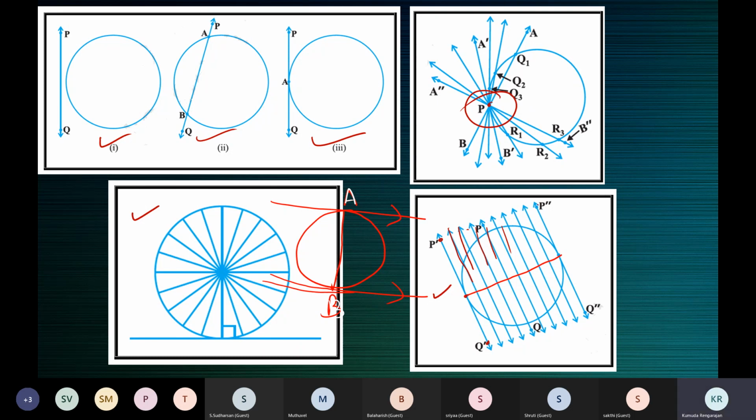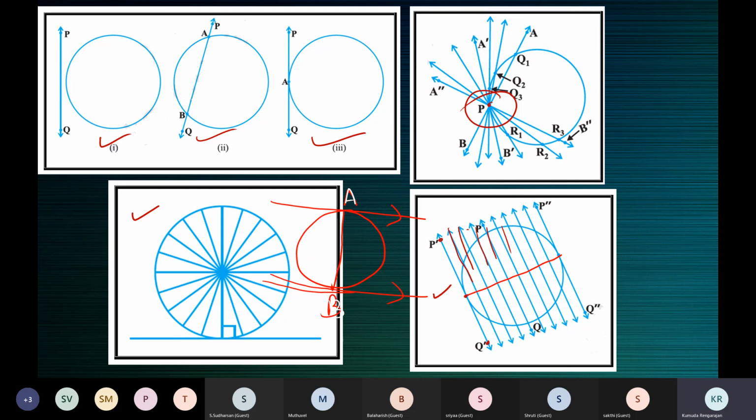And finally, you see there is a line P double dash Q double dash, which is also a tangent to the circle. That line P double dash Q double dash is also parallel to P dash Q dash.